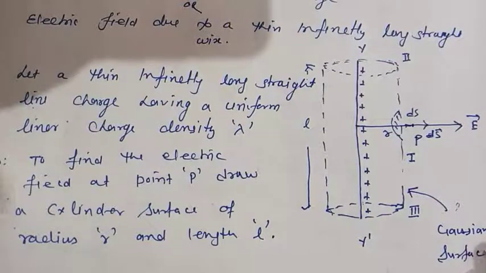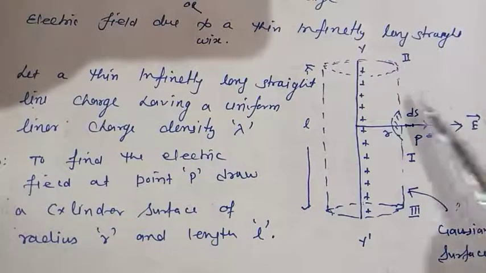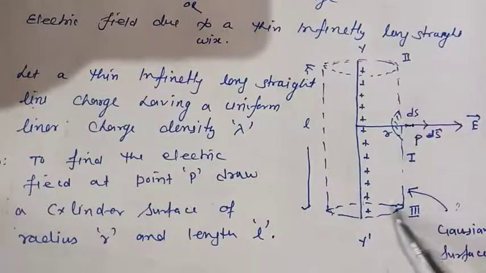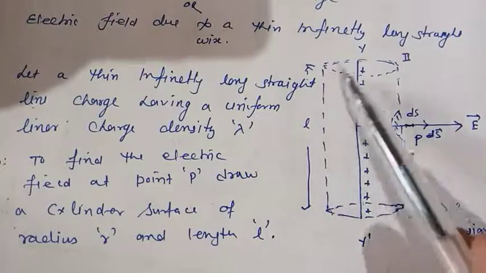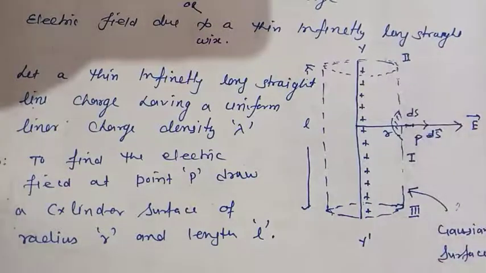And you know the Gaussian surface is a surface where the electric field over each and every point will remain the same.